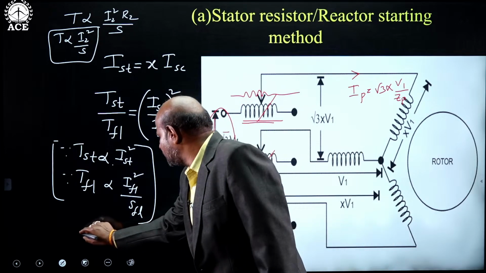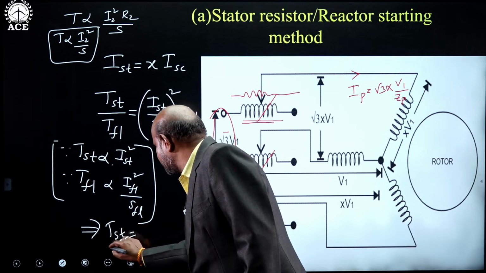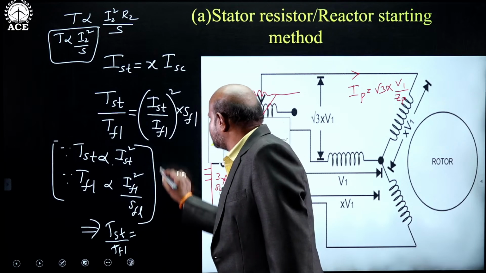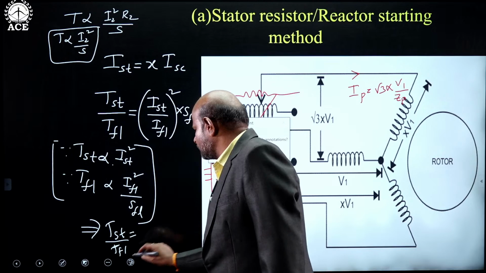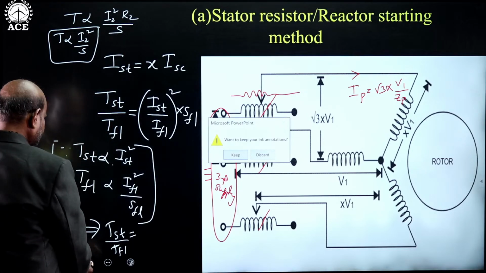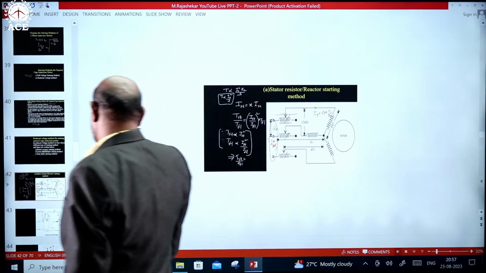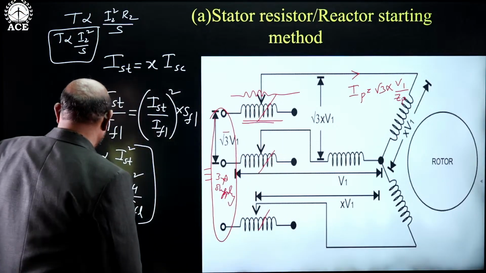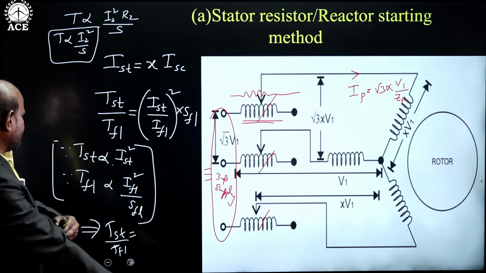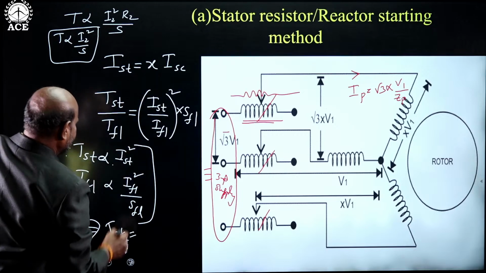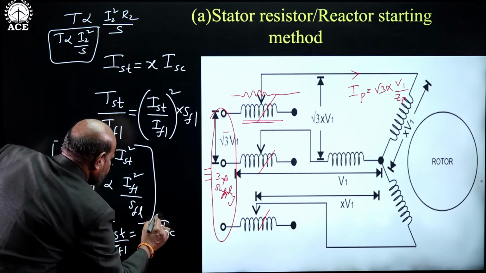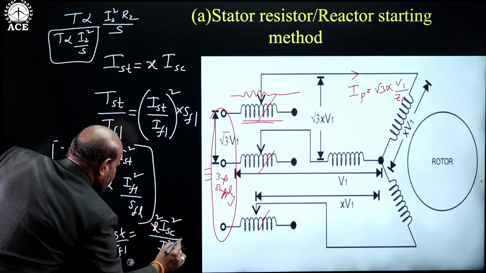If we resubstitute in this, starting torque to full load torque is equal to, IST we can replace with X times ISC, so TST by TFL is equal to (X times ISC by IFL) whole square into SFL.